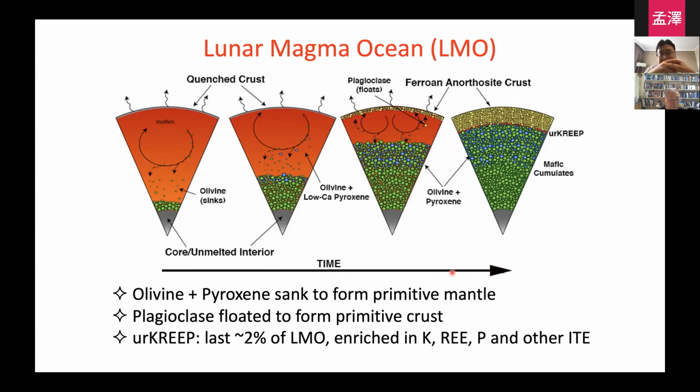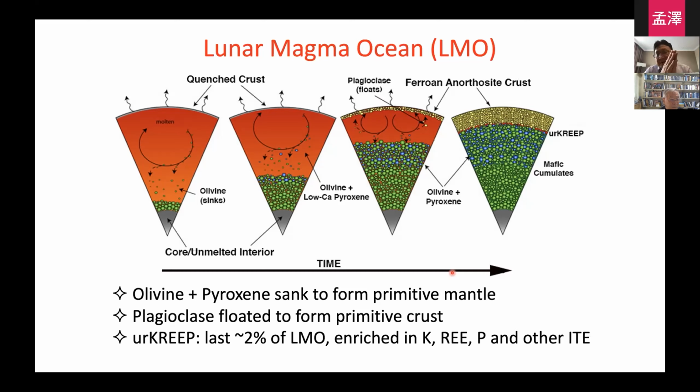As the magma ocean continued to crystallize, eventually after crystallization of 95 or 98% of the magma ocean, there's a magma layer left. This is basically called KREEP, which is enriched in potassium, rare earth elements, phosphorus, and other incompatible trace elements.